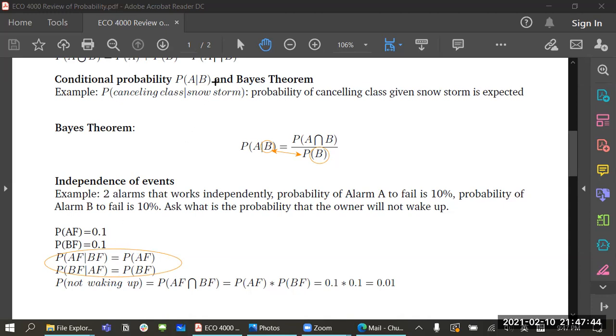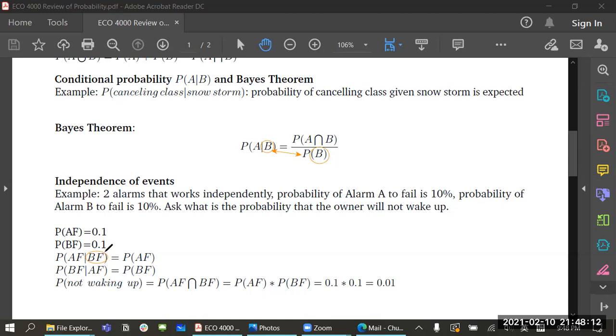How do we understand it? It's probability. The first one is the probability of A failing, conditional on B failing. You can think of it as: does B failing affect whether A fails? No. The fact that B fails is not going to affect the chance of A failing. So we can just take it away.